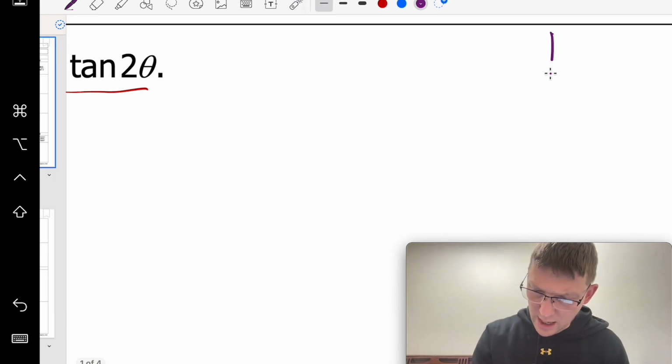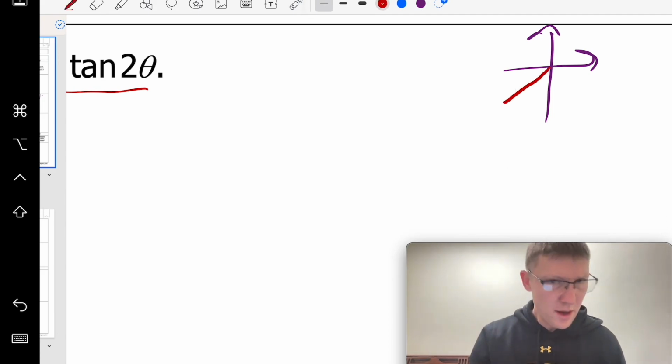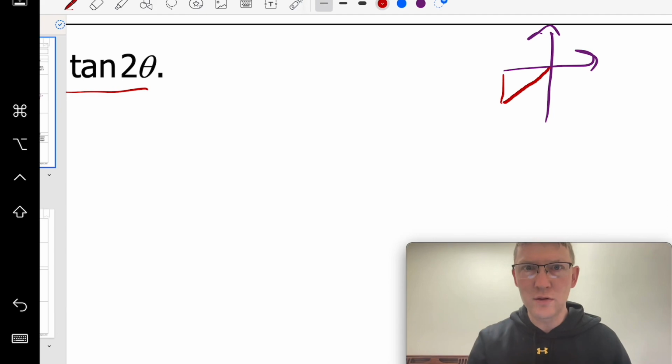So again, we've got our coordinate plane, and our angle that we're playing with is down here. It said cosine of theta is -7 over 25. So that means this is going to be 25, and this is going to be -7.